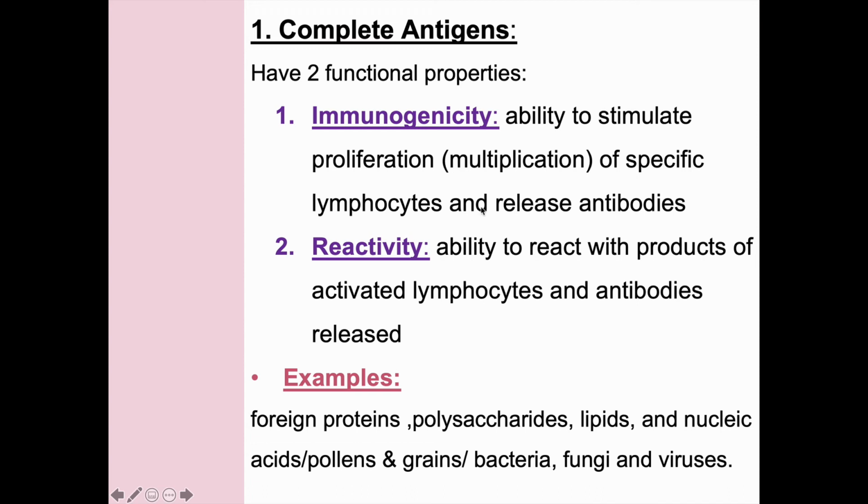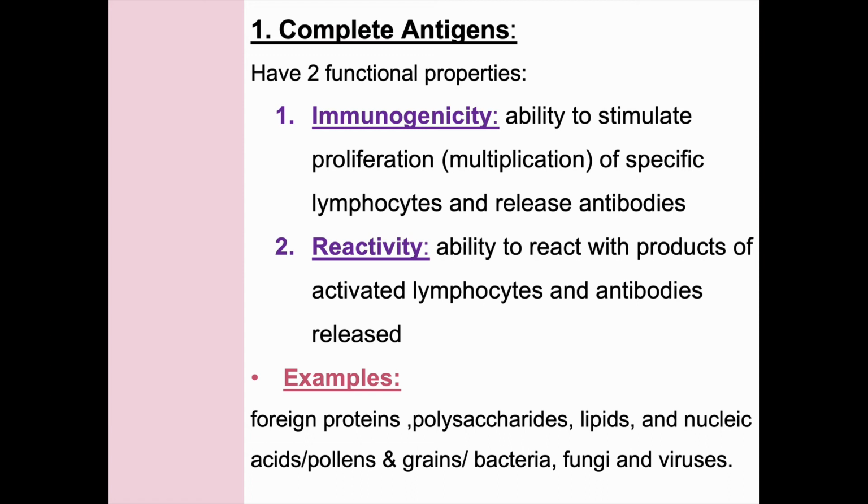What do you mean by foreign proteins? For example, a bee sting. Yesterday I had a sting on my hand. The bee was sitting on the door, and when I tried to open the door it stung my hand.